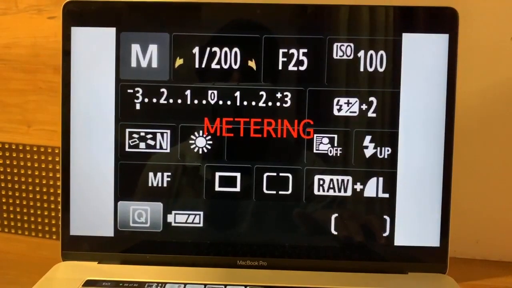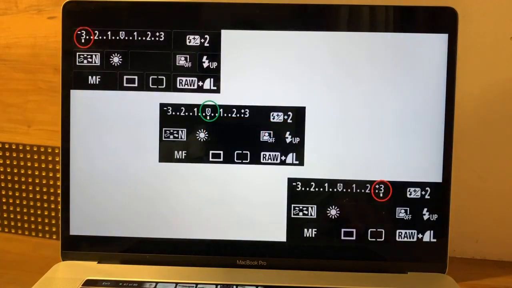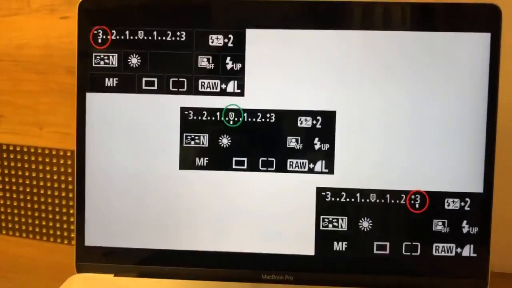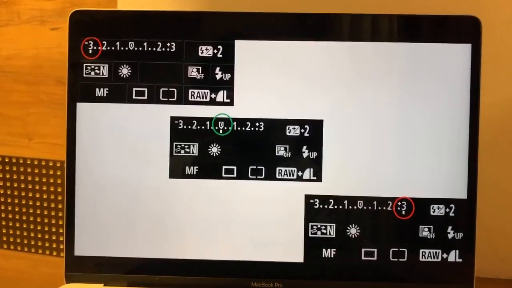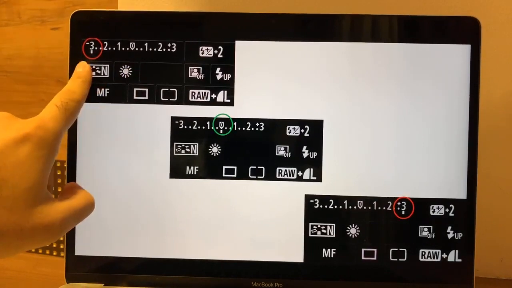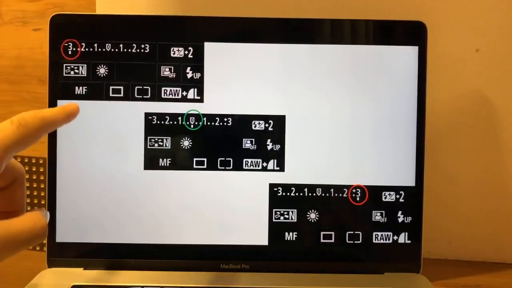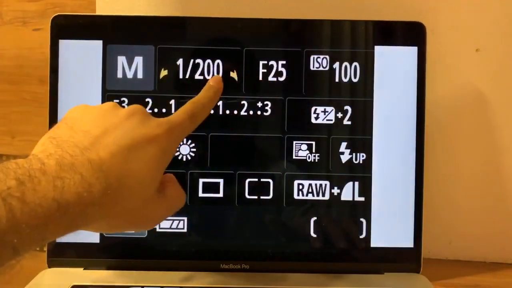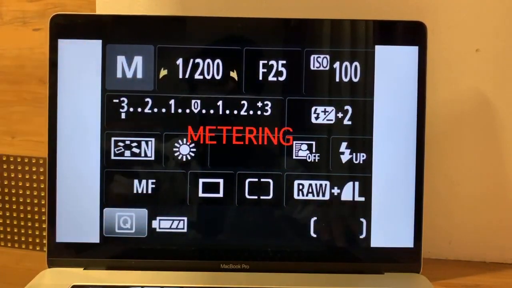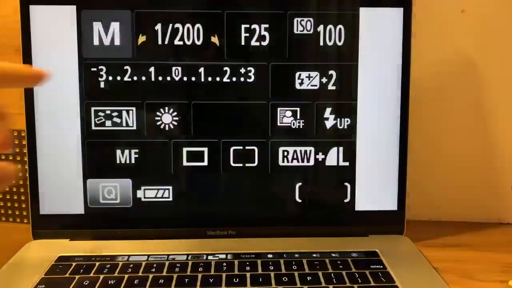So let us see different situation and try and understand what metering means. So you can see over here that when I do a half release, my cursor has gone to -3. That means it's going to be an underexposure. With what settings? With these settings. Okay? But if I change my settings, what settings?